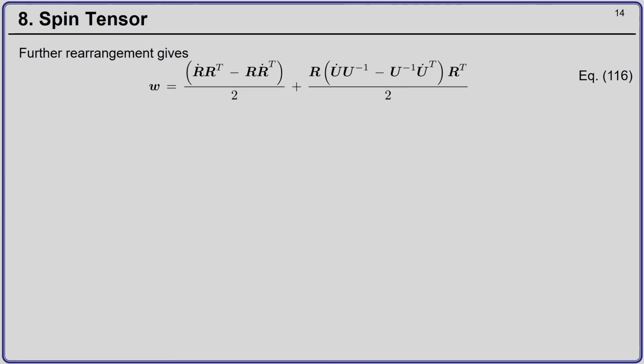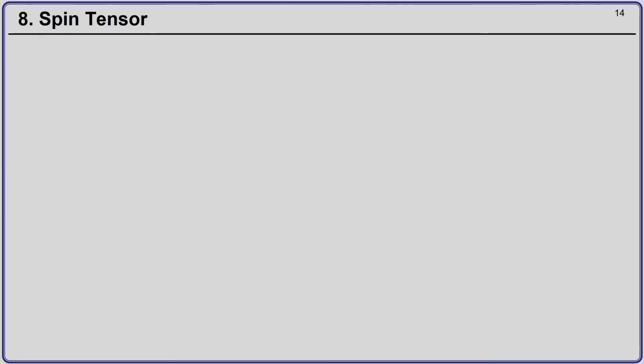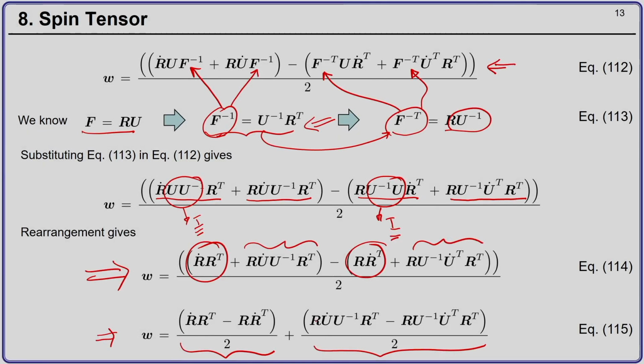Now, what do we do? I can take R outside the bracket from the left hand side, and R transpose from the right hand side.